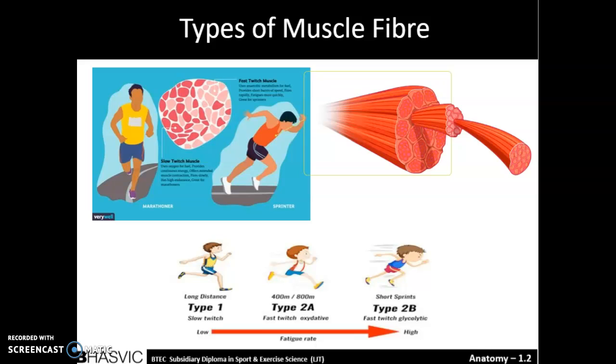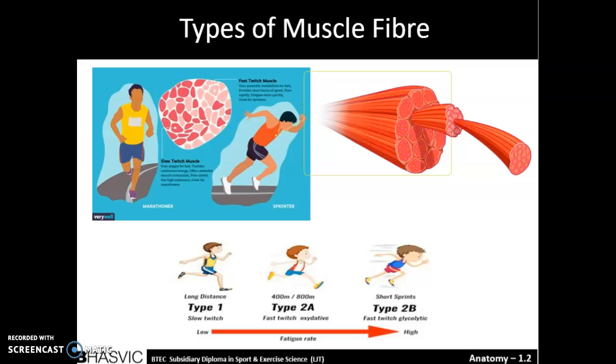Myoglobin is a pigment which binds to oxygen, making the fibers red, and the different fibers have different levels of content of this pigment. For example, slow oxidative fibers have high myoglobin content, which results in the redness of these fibers. Fast oxidative fibers have medium content of it, and then fast glycolytic fibers have low concentration, which gives these fibers a more white colouring.